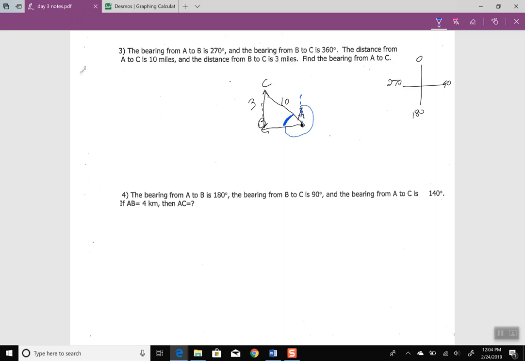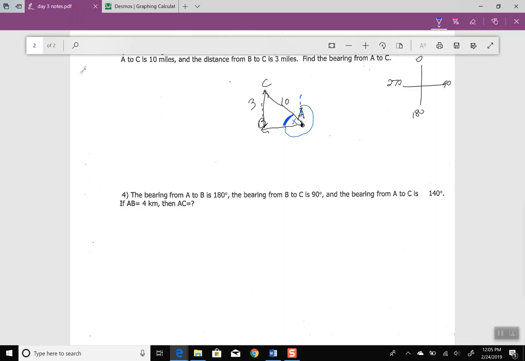So really, I want to find this angle, call it X, and once I know what X is, I add that to 270. The bearing from due north, from A to C, is around the circle, 270 plus whatever X is. So from X, this would be the opposite side. This would be the hypotenuse.